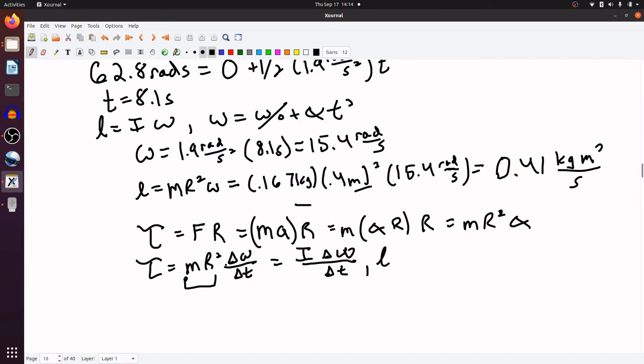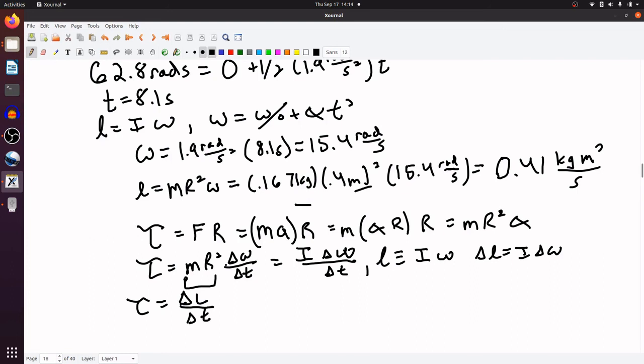We know that your angular momentum was defined to be I omega, and this is I delta omega. So that means the change in angular momentum is going to be I delta omega. And so that means now that we will have delta L over delta t is equal to the torque.